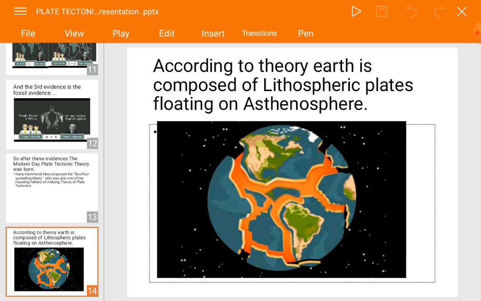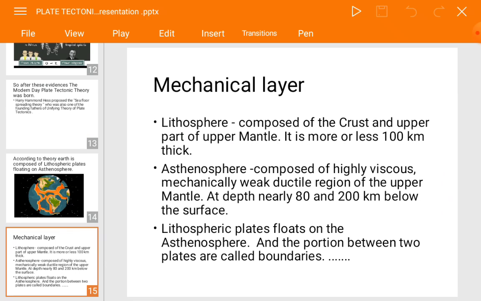According to the theory, Earth is composed of lithospheric plates floating on the asthenosphere. Mechanical layer: lithosphere, composed of crust and the upper part of the upper mantle. It is more or less 100 km thick. Asthenosphere, composed of a highly viscous, mechanically weak, ductile region of the upper mantle at a depth of nearly 80 to 200 km below the surface.